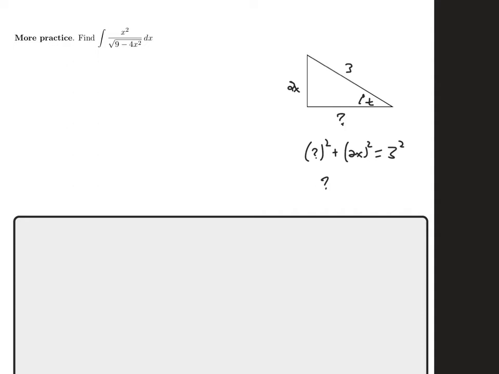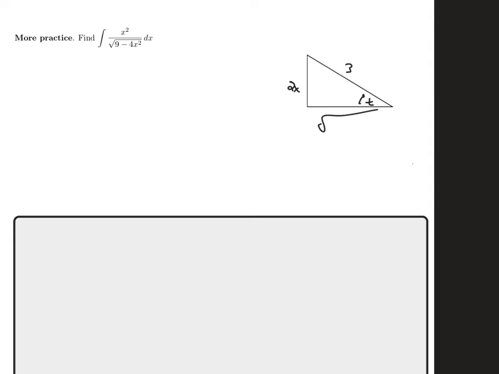And so if you solve that for the missing leg, the missing leg is the square root of 9 minus 4x squared, which is exactly the expression in the integrand that we're going to try to substitute away. So that leads us to believe that we are on the right track.